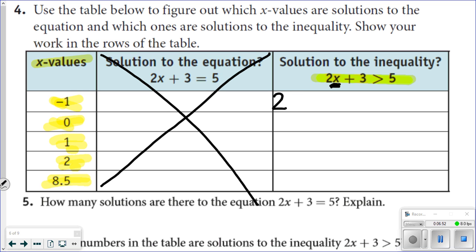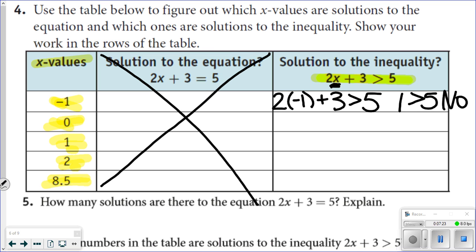So 2 times -1 plus 3 is greater than 5. So what you need to do is 2 times -1 plus 3. We get 1. Is 1 greater than 5? No. So -1 is not a solution or an answer. We got a false statement.